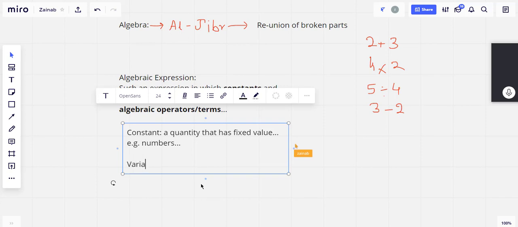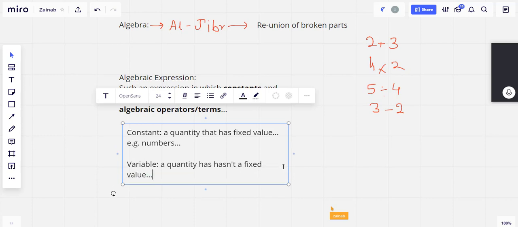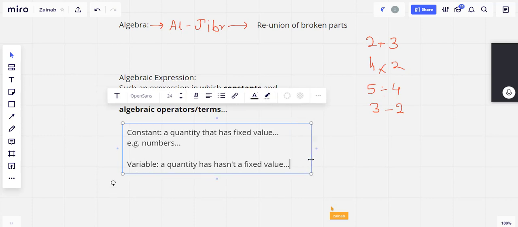And then the other one is a variable. So what's a variable? A quantity that has no fixed value. Like in algebra, mostly we use x, y, and z as variables, but we can use all the alphabets from A to Z as a variable.